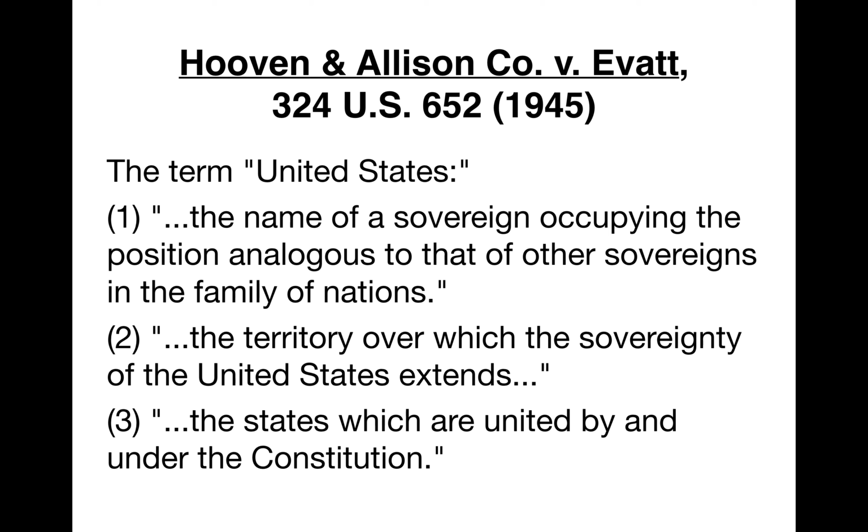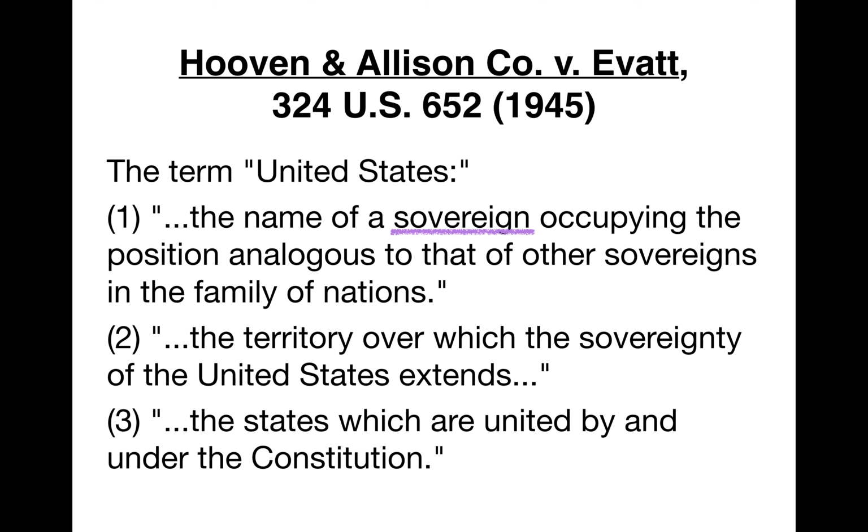The court determined that the term United States means the name of a sovereign, occupying the position analogous to that of other sovereigns in the family of nations. For instance, the United States, Russia, China, Germany, France, those are sovereign countries. So that's one way to use the term United States.